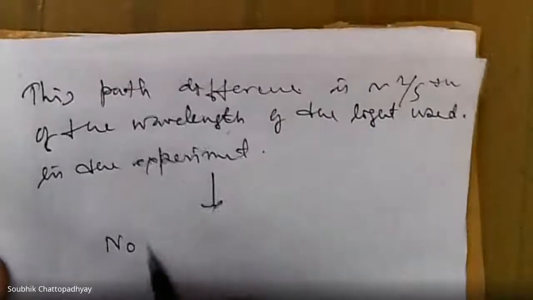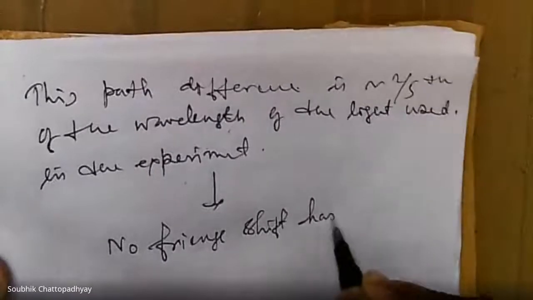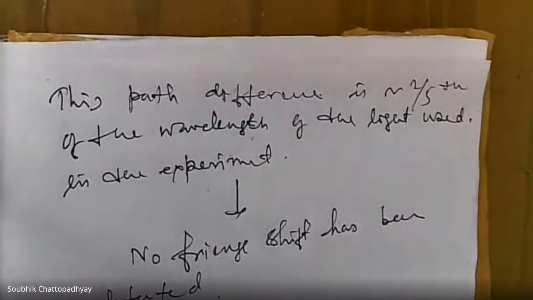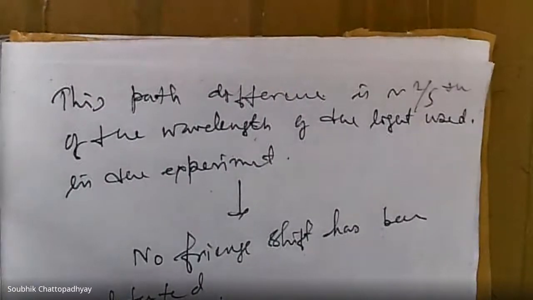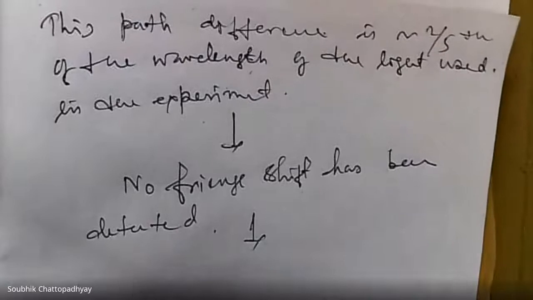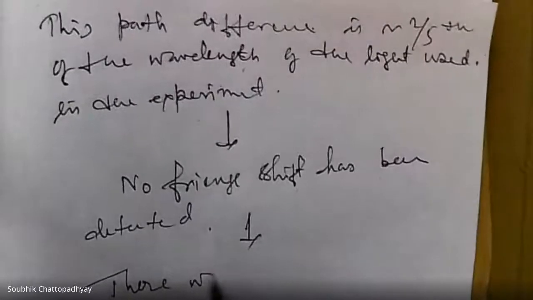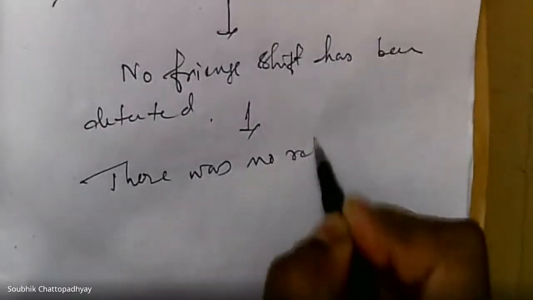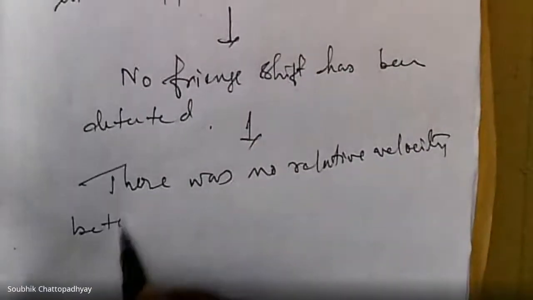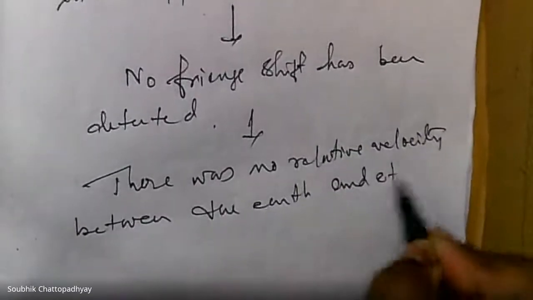No fringe shift has been detected. Hence, there was no relative velocity between the earth and the ether.